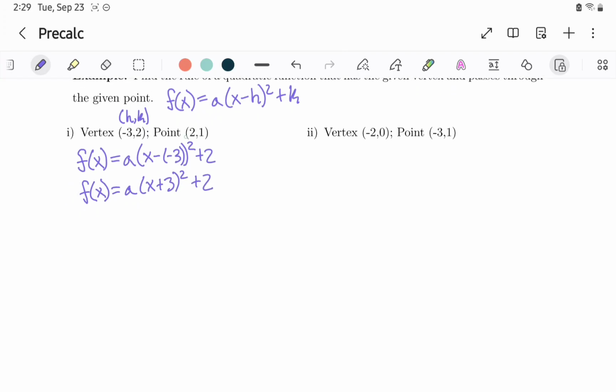So we are going to plug in 2 for x, and for f of x, we are going to plug in 1. This is because our parabola passes through the point (2, 1), which means that for the quadratic function corresponding to this parabola, f of 2 is equal to 1.